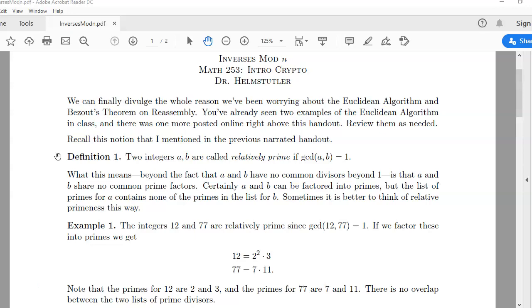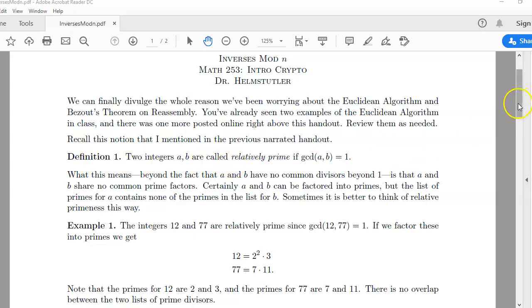It means they have no common divisors except for 1 by definition, but you should also think of it this way: a and b don't share any common primes in their factorizations. You can factor a into primes, and you can factor b into primes. And if they're relatively prime, it means that they don't share any of those primes.